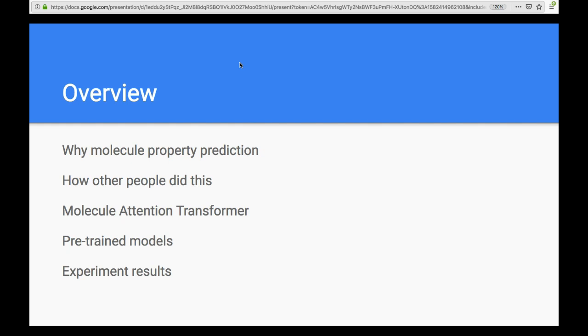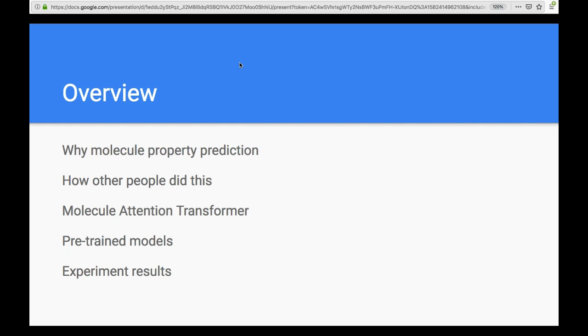Secondly, I will give a brief introduction on how people did this previously, what the traditional approaches are, and what the machine learning way to solve this problem is. After that, I will talk about the molecule attention transformer, which is the main part of this paper. It's very interesting to look at.